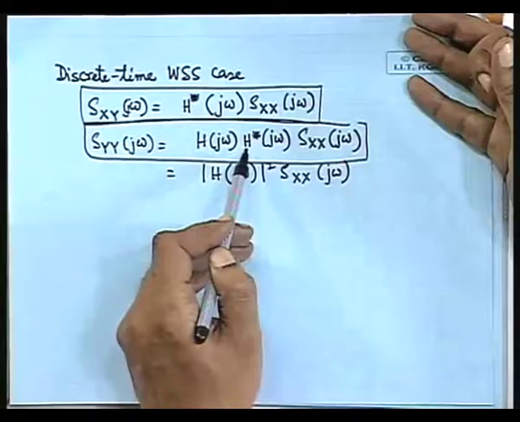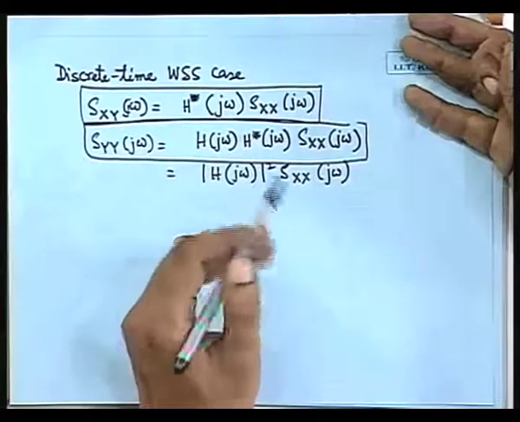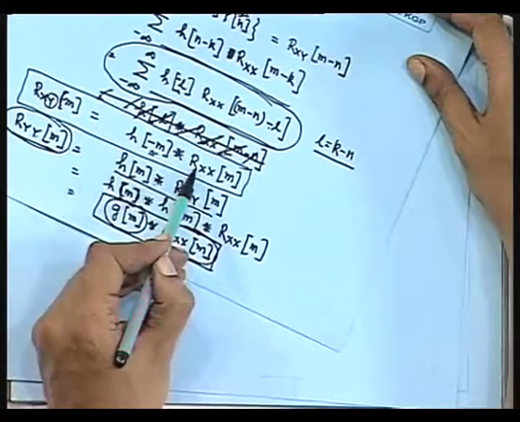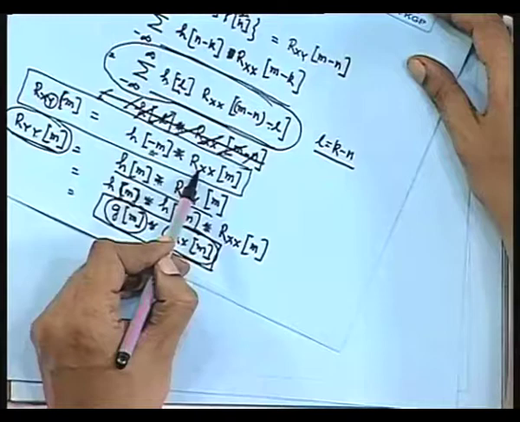Again, all these relationships can be obtained just from that basic convolution integral, right? I'll show you from where. From here. See, Rxy[m] is h of minus m convolved with Rxx[m].